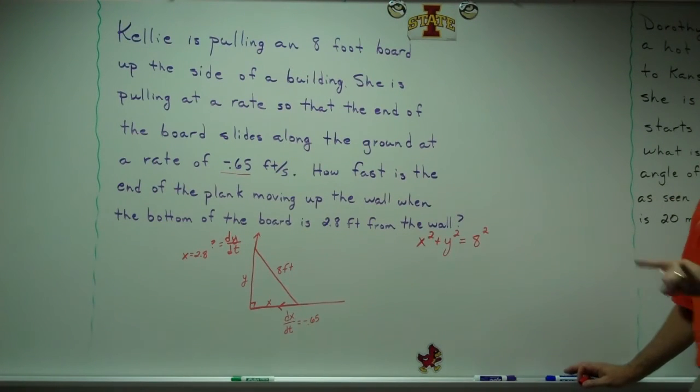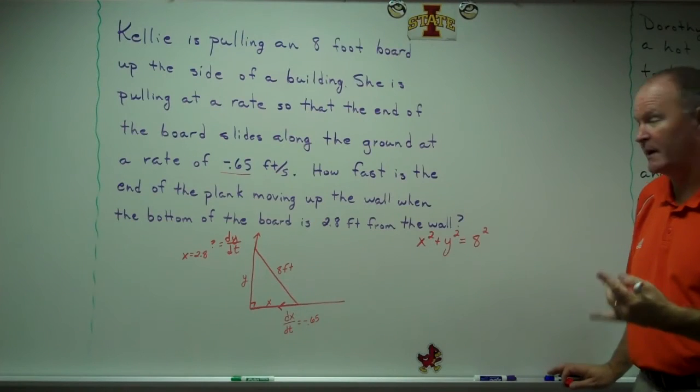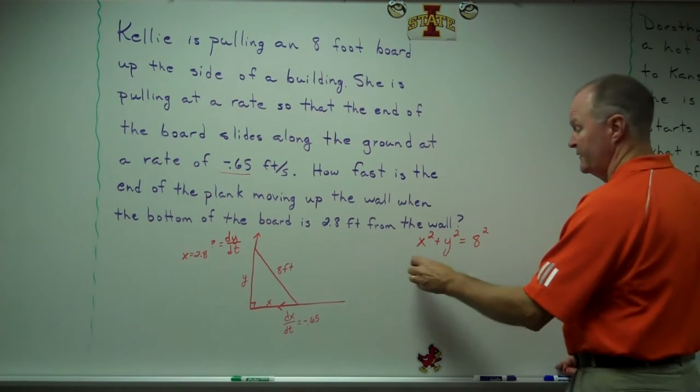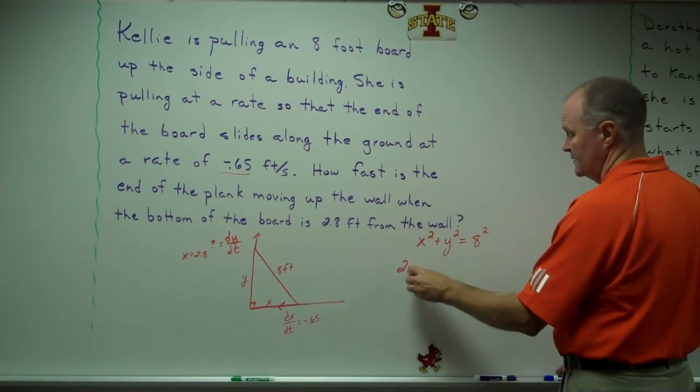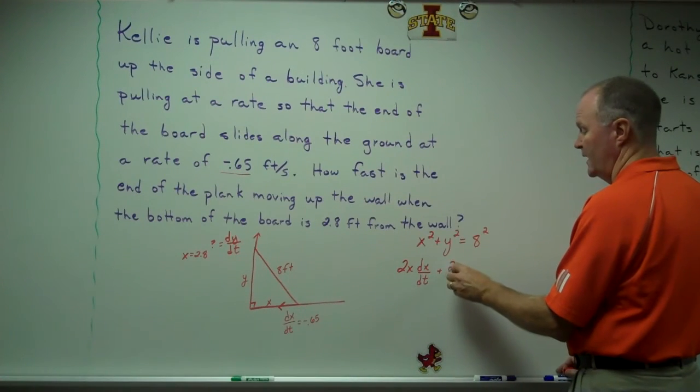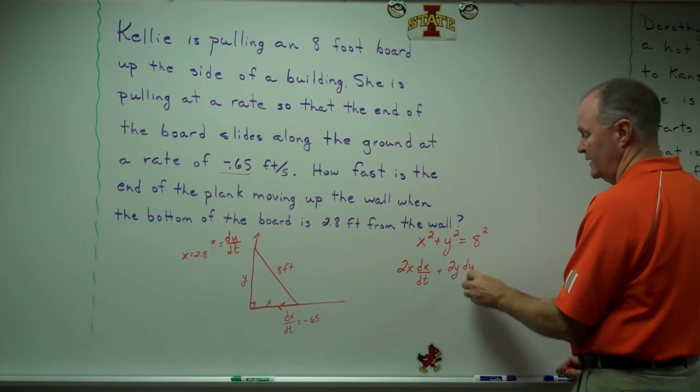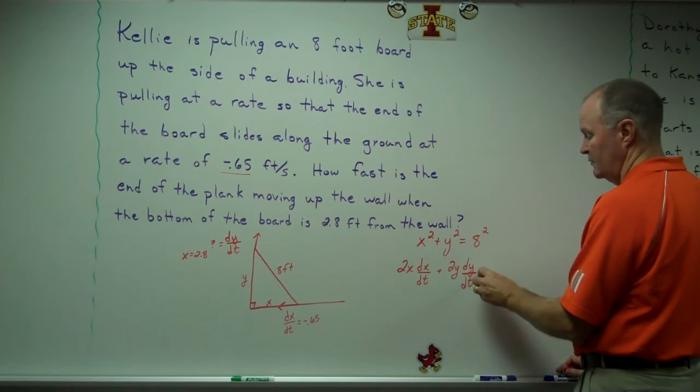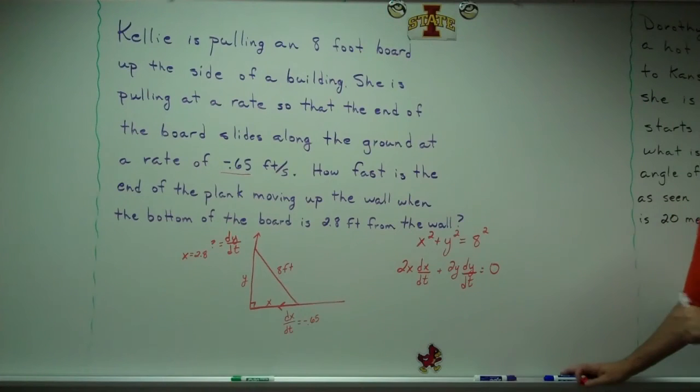How many letters? 2. So we got enough? Let's just differentiate. 2x dx dt plus 2y dy dt equals 0.